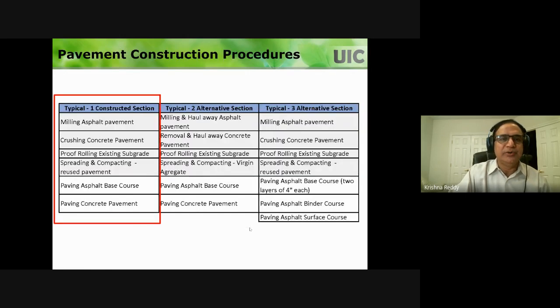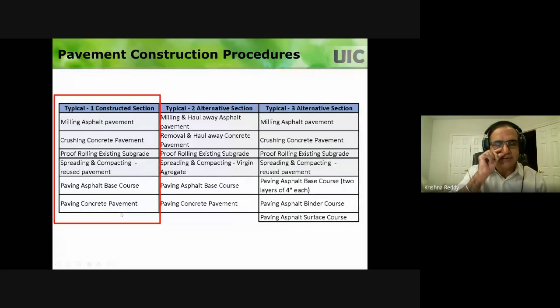So when you are looking at sustainability, you need to really know how these are going to be built, right? So the constructed section, the first one, as I mentioned. You're going to take out the asphalt pavement, you take out the concrete pavement, you crush the concrete pavement, and then proof roll the existing subgrade soil, and spread and compact reused pavement, pave the asphalt base course, and pave the concrete base pavement.